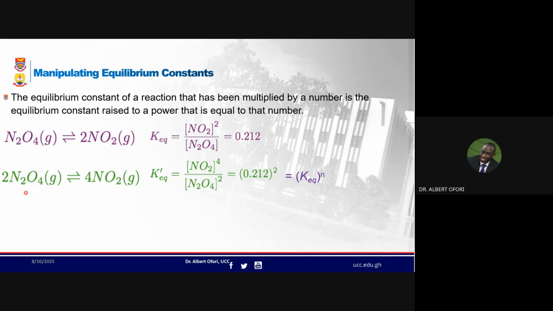If I multiply by a factor 2, it gives me 2 times this one. So if I have the original equation and multiply it by any factor n, the new equilibrium constant will be the old equilibrium constant raised to the power of that factor.